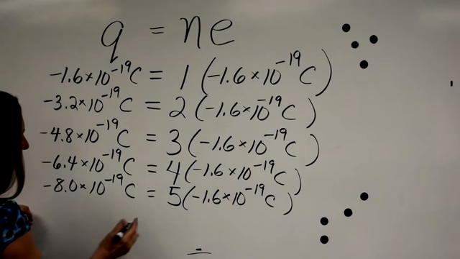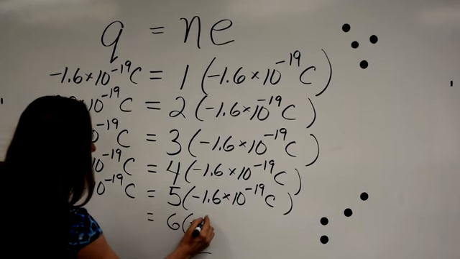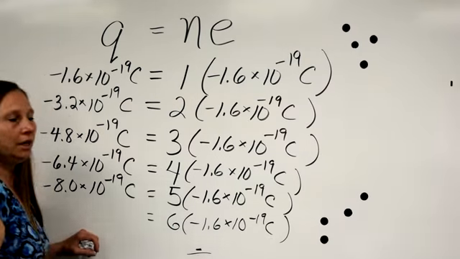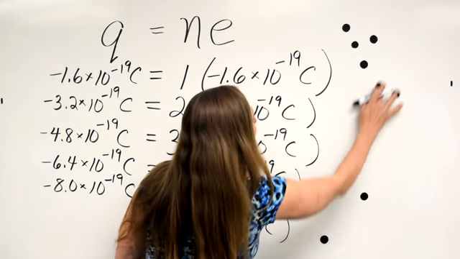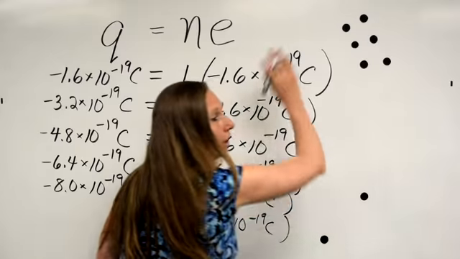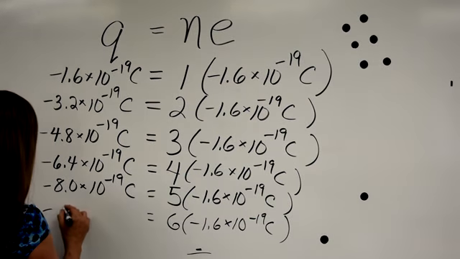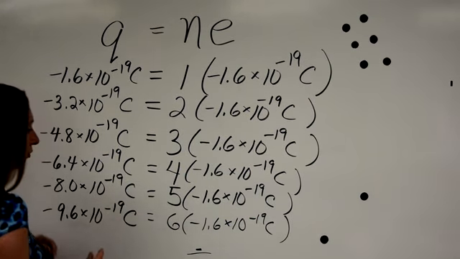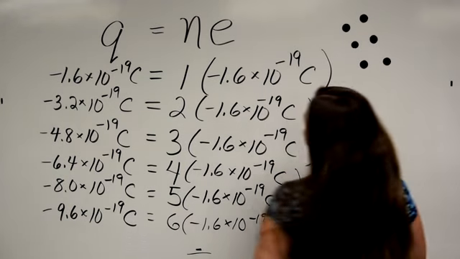And I think I have just enough room here for 6 electrons times negative 1.6 times 10 to the negative 19 coulombs each. There's 5, there's 6. 6 electrons, what's the total charge that they have? Negative 9.6 times 10 to the negative 19 coulombs. All right?